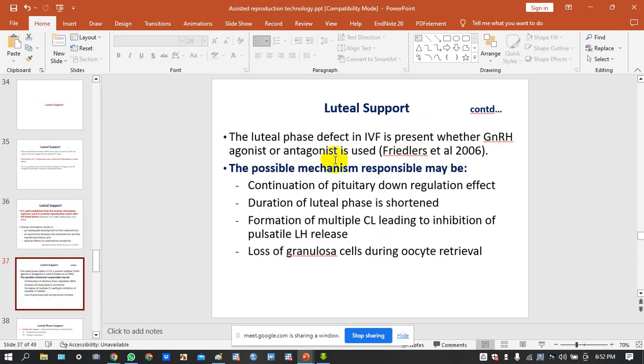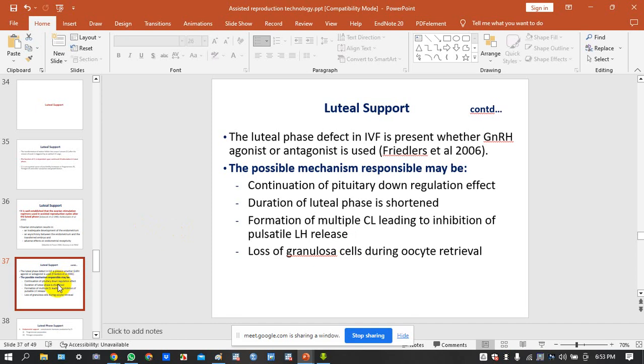So what do the gynecologists or the embryologists need to do? We have to provide luteal phase support. The luteal phase defect in IVF is present whether a gonadotropin-releasing hormone agonist or antagonist is used. The possible mechanisms responsible may be continuation of the pituitary downregulation effect, shortened duration of the luteal phase, and formation of multiple corpora lutea leading to inhibition of pulsatile LH release.